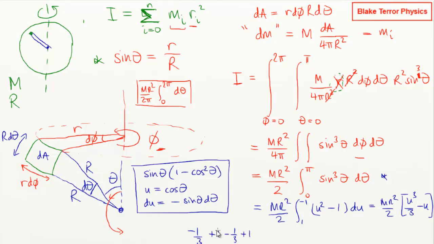All right, so we've got 2 minus 2 thirds, so 1 1/3, 4/3. So all in all, we've got 4/3 times mr squared over 2. So that's 2/3 mr squared, and that's our final answer on all of that.